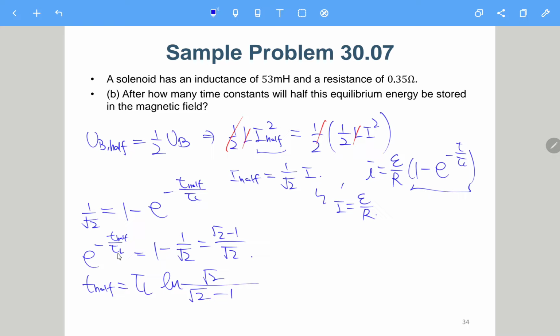Finally we multiply tau_L on both sides, so t_half equals tau_L times the natural log of square root of 2 over square root of 2 minus 1. This number is 176 milliseconds. It asks how many time constants, and the natural log of square root of 2 over square root of 2 minus 1 is 1.23 times.